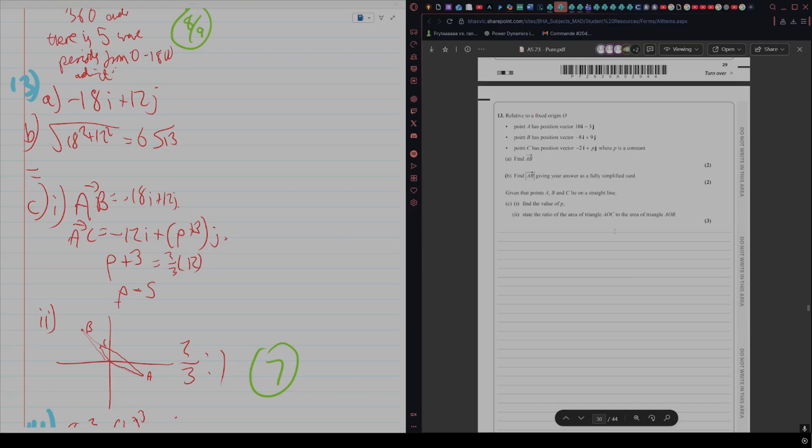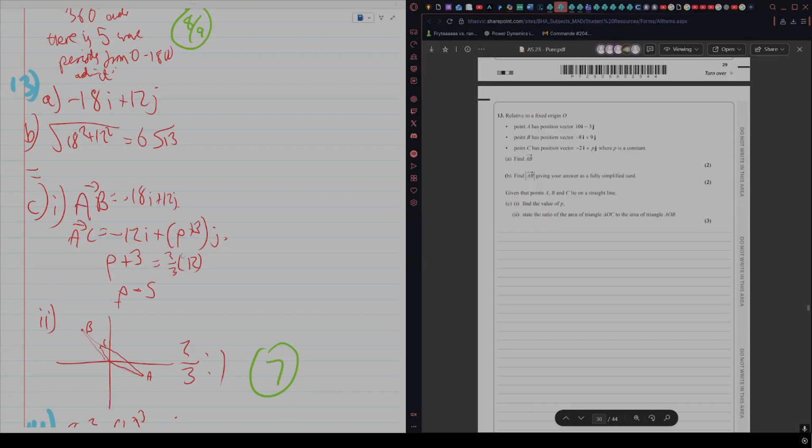Well, remember from GCSE, when vectors lie on a straight line, they are scalar multiples of each other. So you know AB, and you know this is negative 2i, so you can find AC by just going from 10 to negative 2. That's negative 12i.